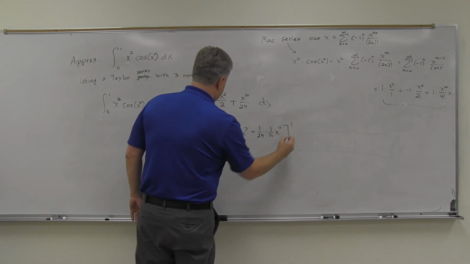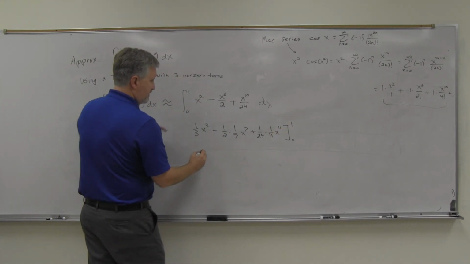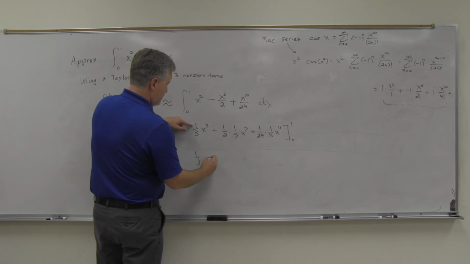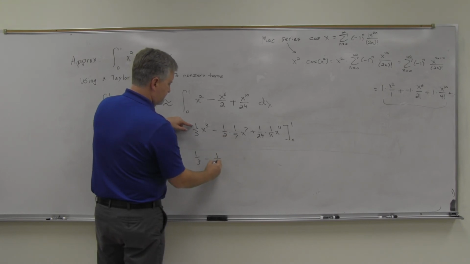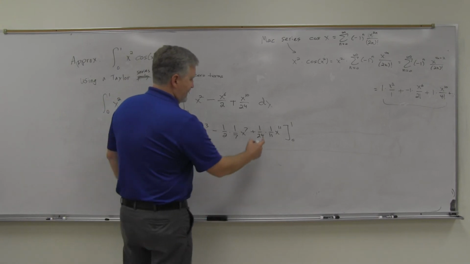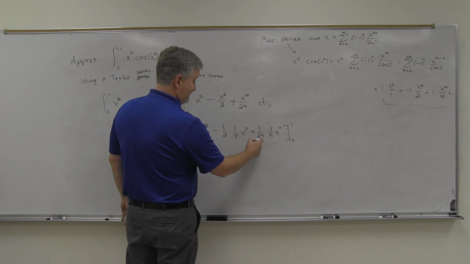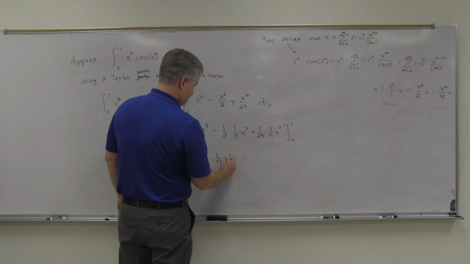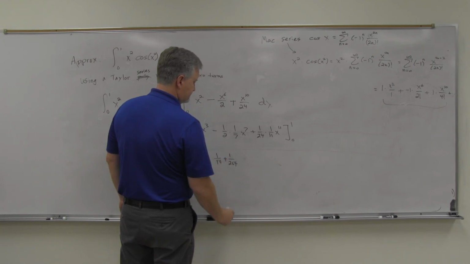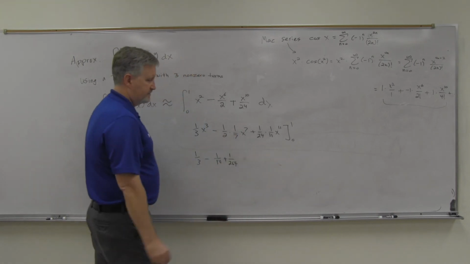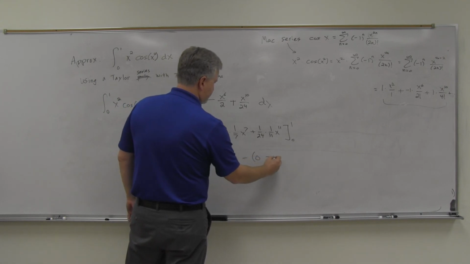And then I'm going 0 to 1, which is not going to be that bad. Plug in the 1, you got 1/3. Plug in here, you got 1/14. And then 1 over 264. By plugging in the ones and then plugging in the zeros, you get zeros.